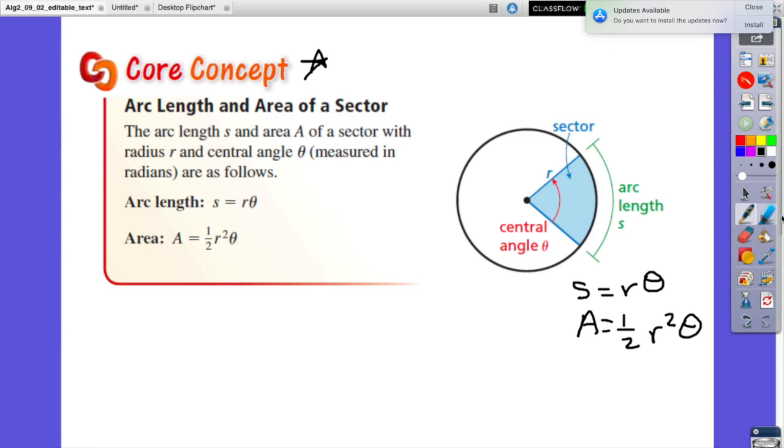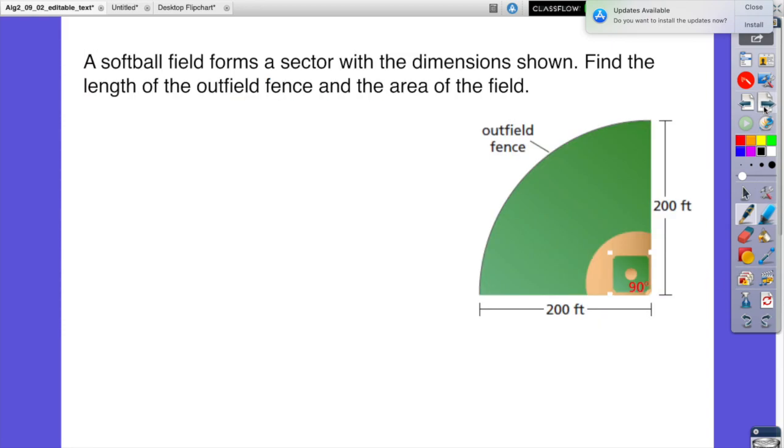If you want to follow along with us, we're going to do example 4 that's in your book. And I am on page 473. Okay, this is a great problem. A softball field forms a sector with the dimensions shown. Find the length of the outfield fence and the area of the field.